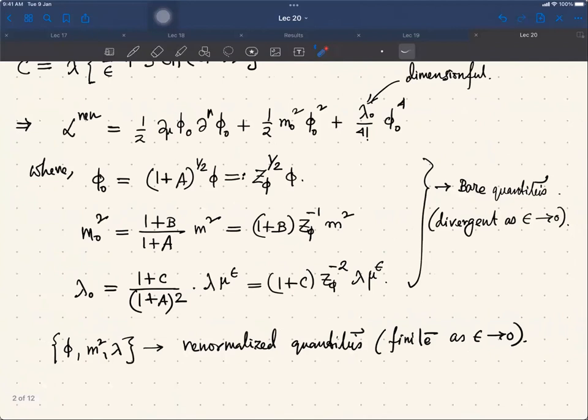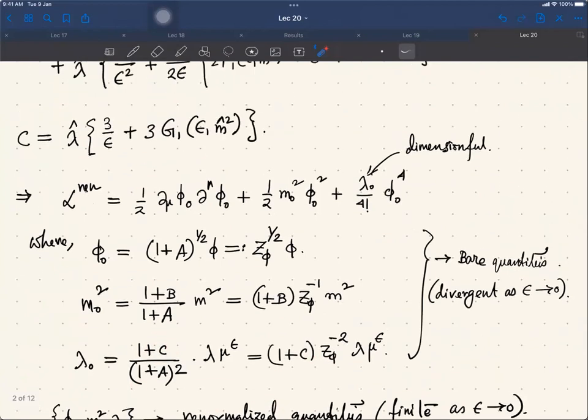There is a lower order contribution, where this starts with 1 plus, as I just explained, the coefficient lambda square by epsilon. But this 1 multiplied with C will give you a lower order contribution because C is order lambda. So this is what you can see here.